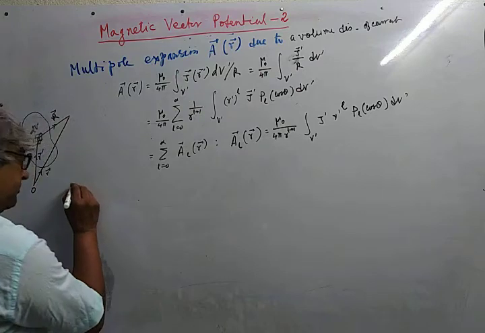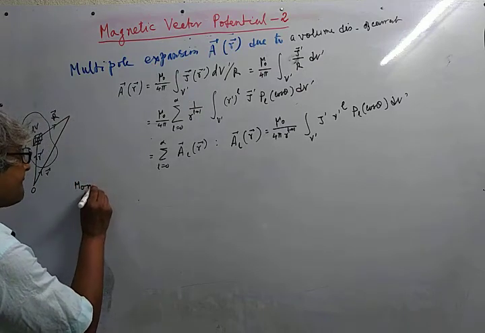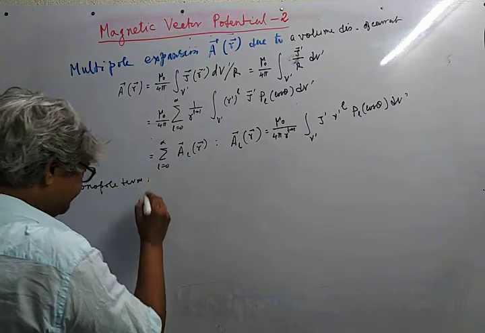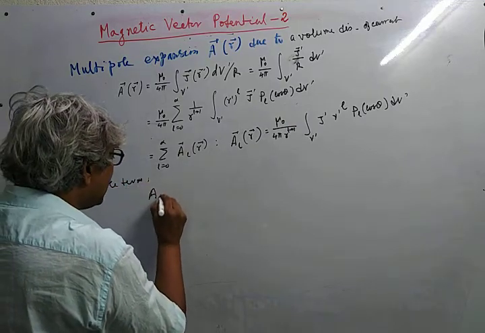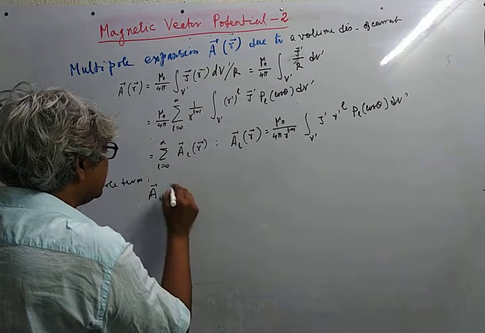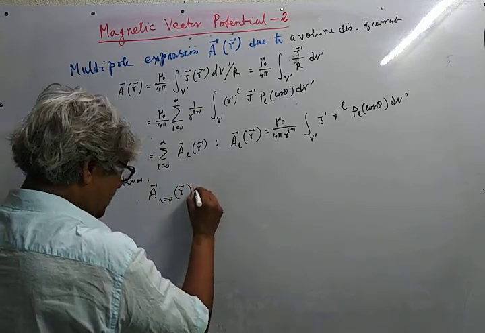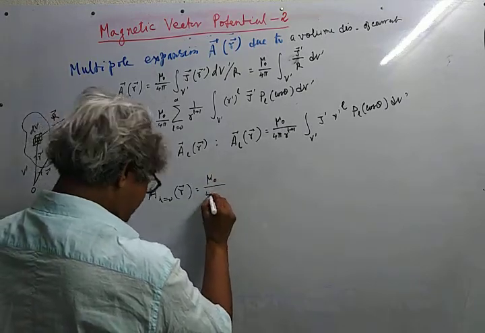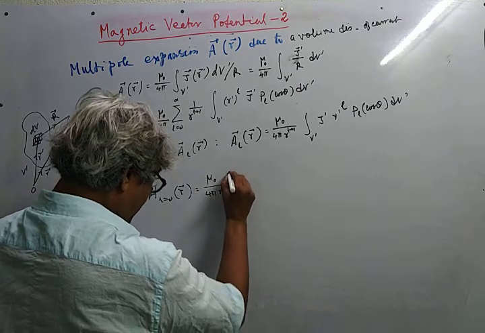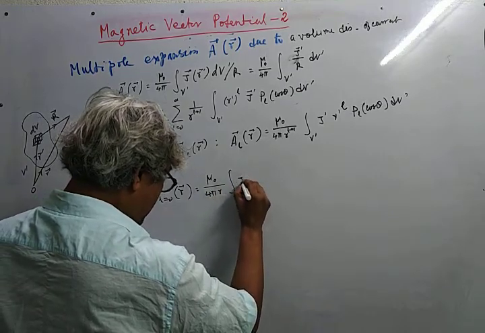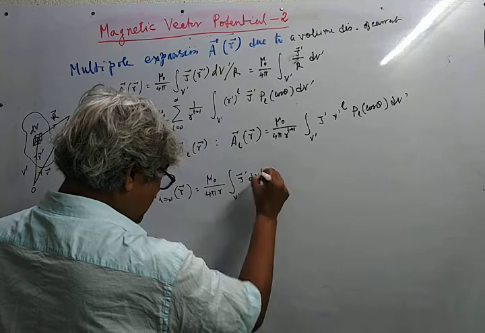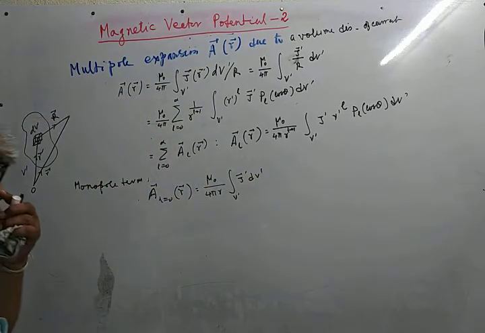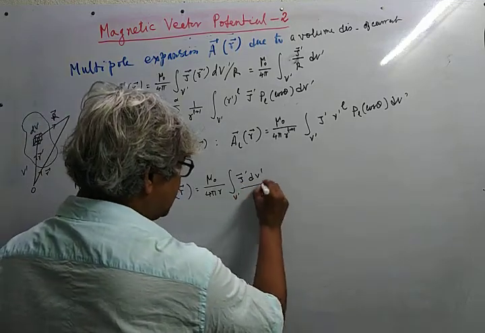A monopole term. Let me consider the monopole term. This is A at l equal to 0. Because this is 1, this is 1. So the thing remains to show that this is equal to 0.